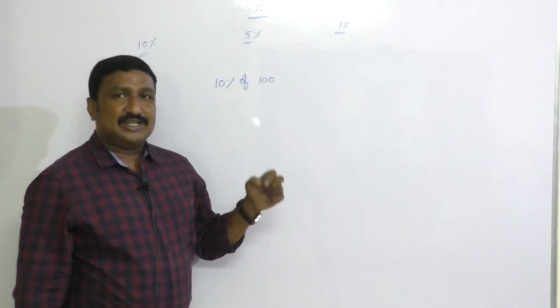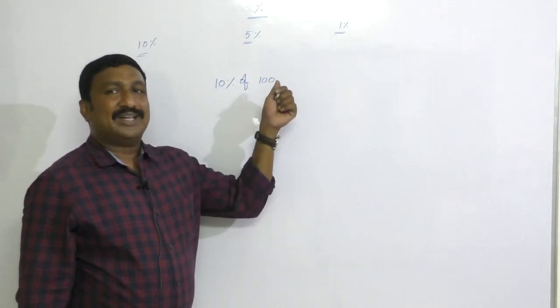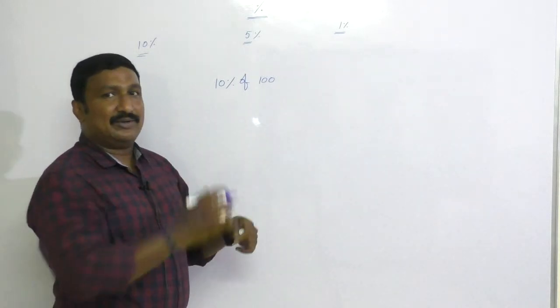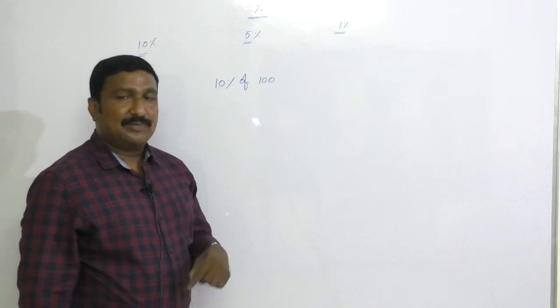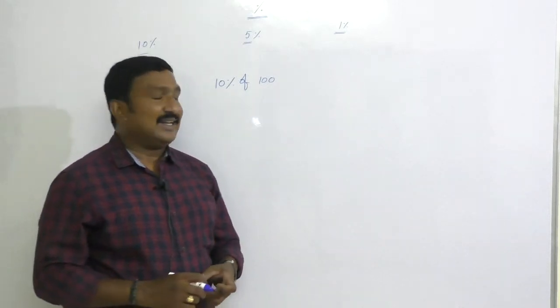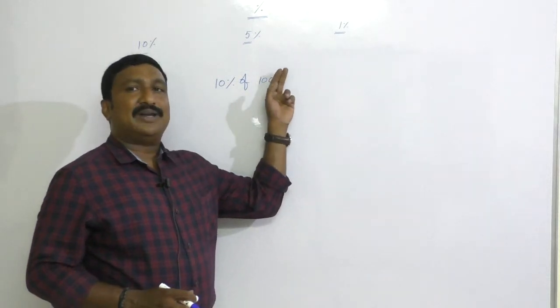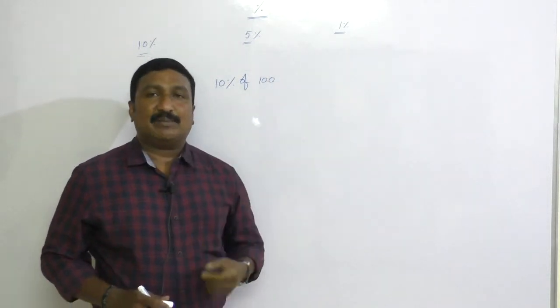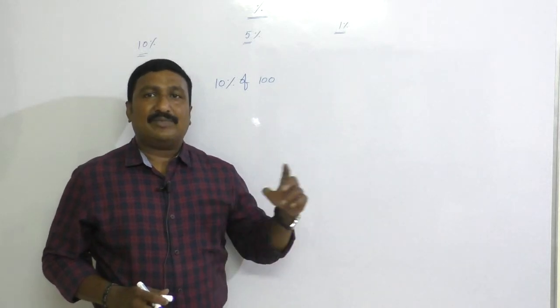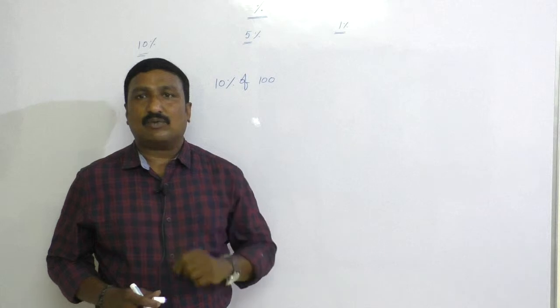If the last digit is not 0, then we have to put a decimal after one place, from right hand side to left hand side. I am telling you again, if the number ends with a 0, we eliminate that 0. If the number does not end with a 0, we put the decimal one place from the right.